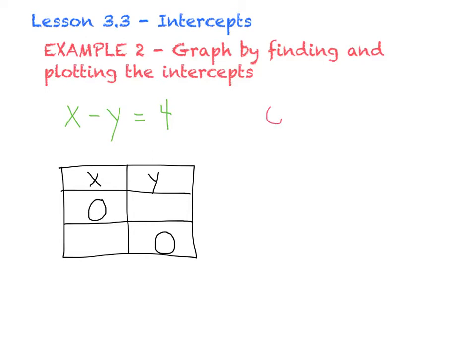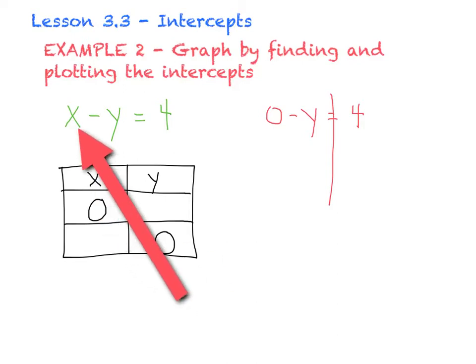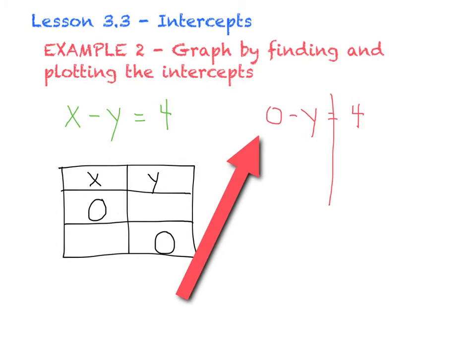So we'll go 0 minus y equals 4. Notice what I've done. I've simply taken our 0 and I substituted it in for x right there. And now we're going to solve this problem. Well, this x is nothing, so it cancels out. But we have to make sure we drop down our negative y.